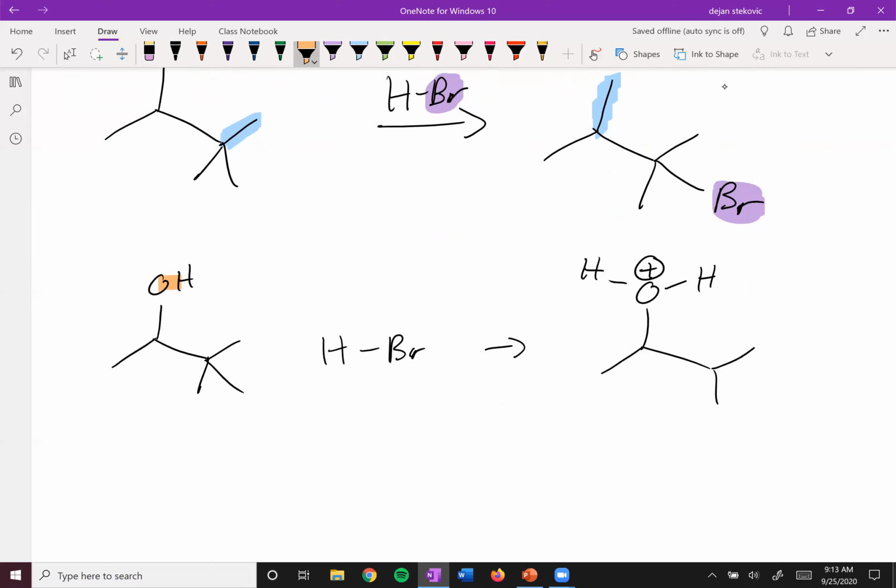Here we have an OH, and here we have a water. Then here we have an acid, hydrobromic acid, so we're thinking acid-base reaction. We can have a lone pair attack this hydrogen, break this bond, and then we'll get our product in the end. One thing you may notice is that this is water, so water is a very good leaving group.